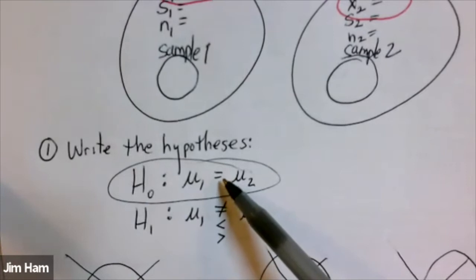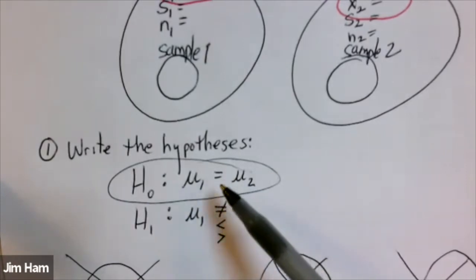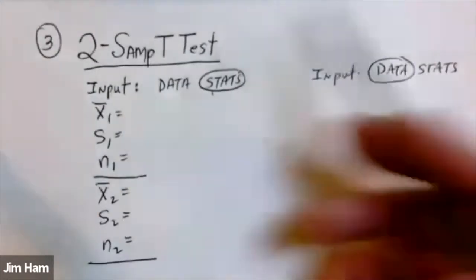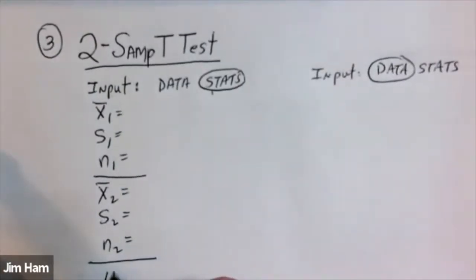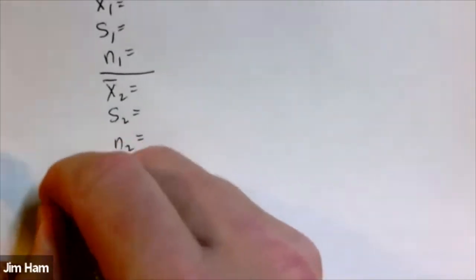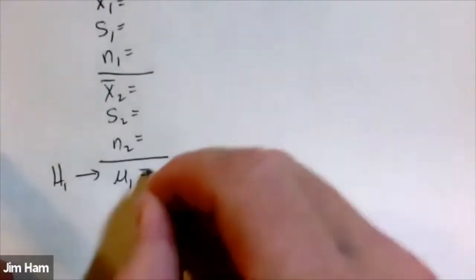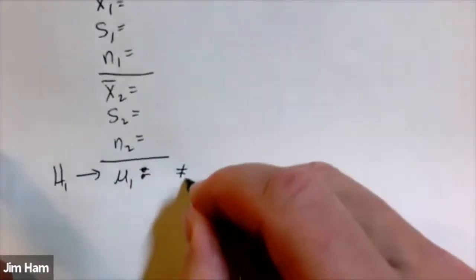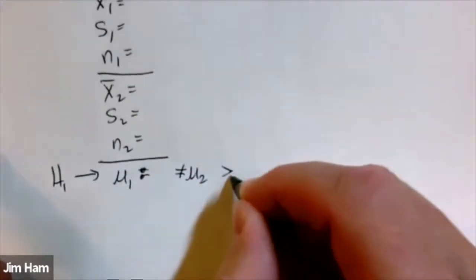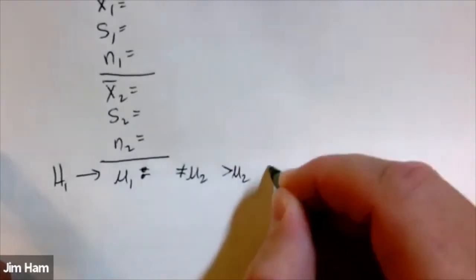And so therefore, we don't have to tell the calculator anything about the null hypothesis because it knows it's going to look like this. So there's nothing that comes before that. But you do have to say something about the H1. And so you have to indicate not equal to, and this might just be a colon here, not equal to mu2, greater than mu2, or less than mu2.